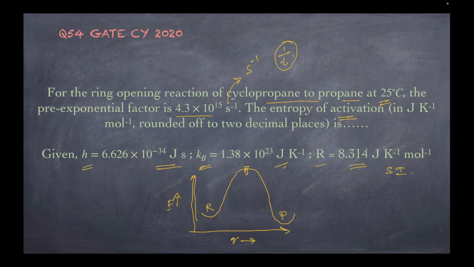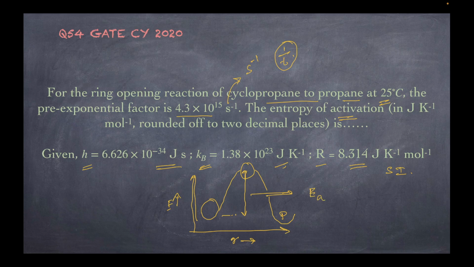So just a little bit of background. This is called the activated complex. The energy of the transition state or activated complex minus the energy of the reactants, this energy difference is the activation energy, or EA.